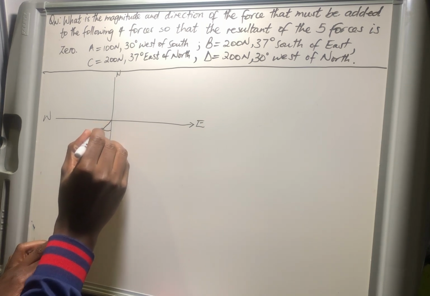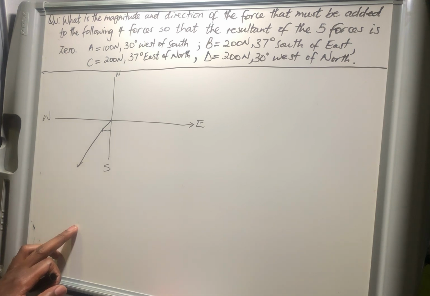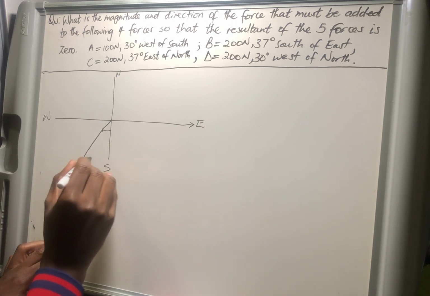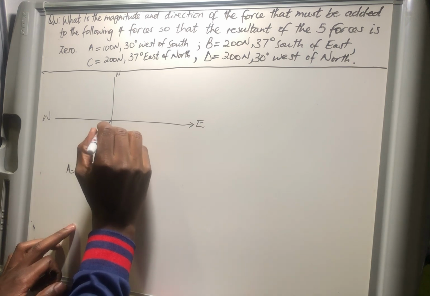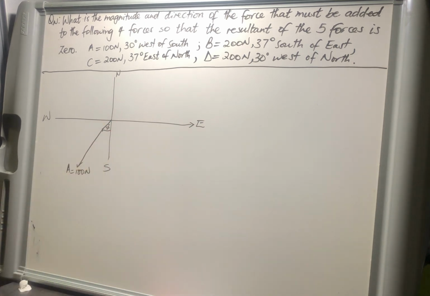I'm going to assume that this is my A, which is equal to 100 newtons, and the angle will be 30 degrees as indicated there. Hopefully it can be seen. Unfortunately it's very small, but we don't have a choice.